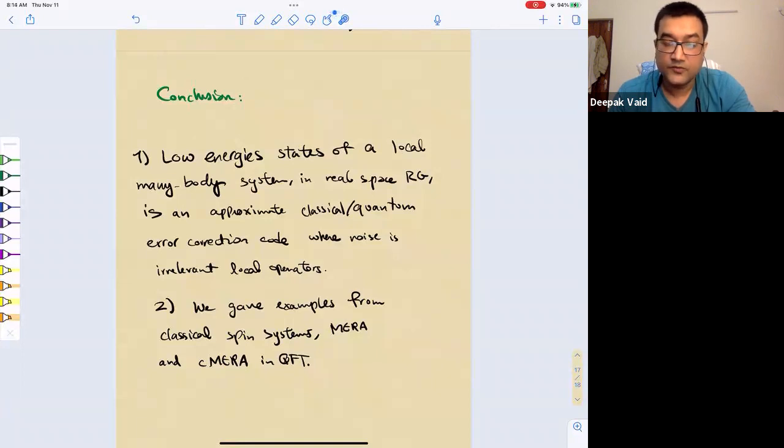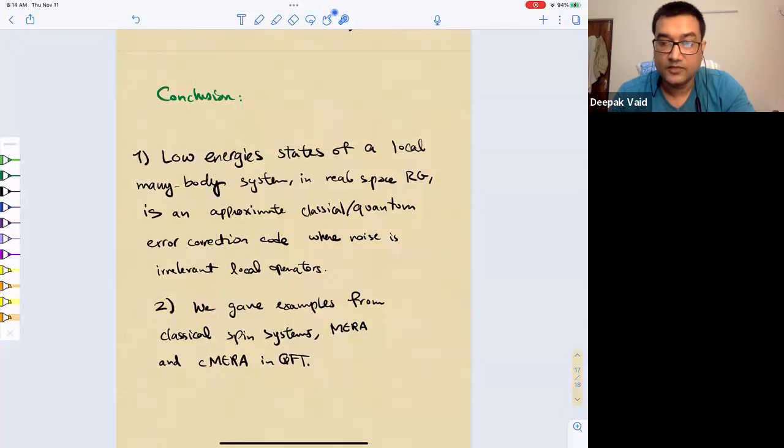So the statement is that you can think of thermal equilibrium as a state in which error correction is happening in some sense.